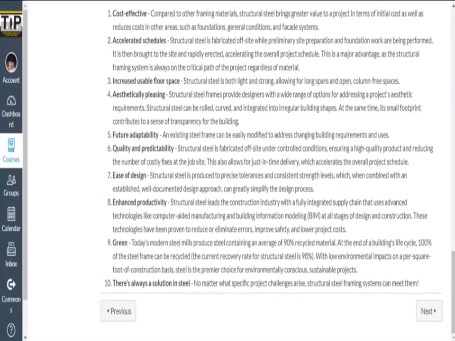And lastly, there's always a solution in steel. No matter what specific project challenges arise, structural steel framing systems can meet them. So, structural steel can be used for a lot more framing systems or structural systems rather than concrete.